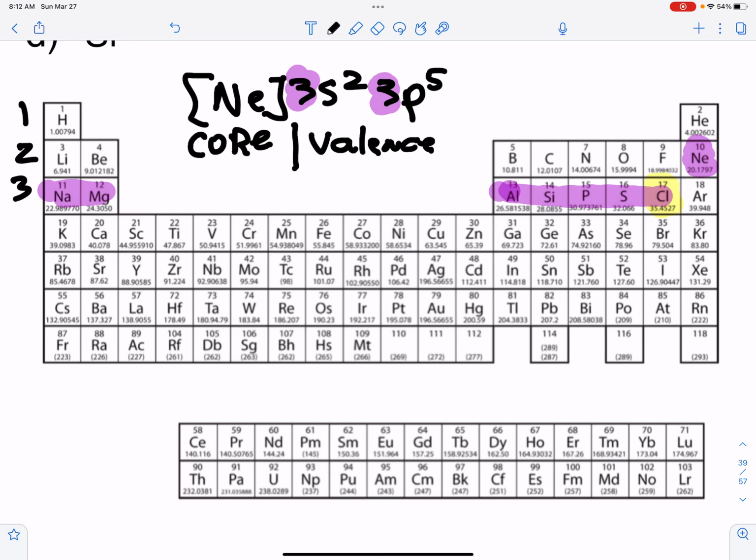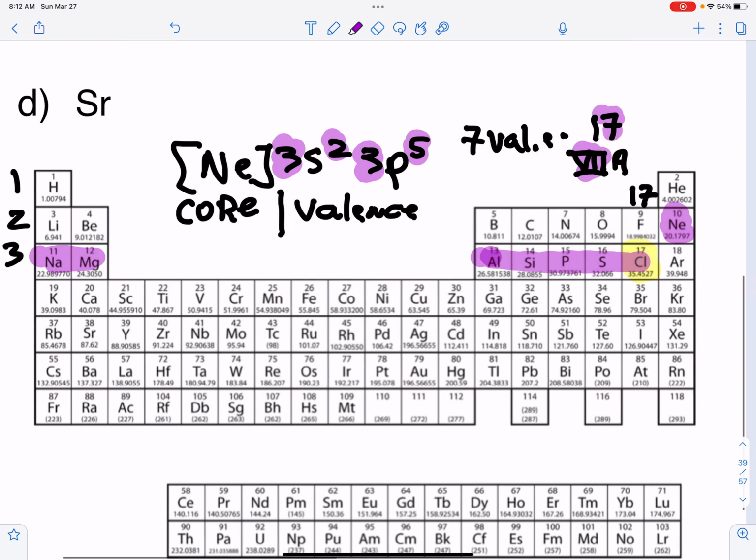So no problem there, and it has a total of 7 valence electrons, which means it's going to be on group 17 or group 7A. And that's where we're going to find it, on group 17. So 7 valence electrons, that's where you see the 7 as your group. Let's do another one. Let's do the last one.